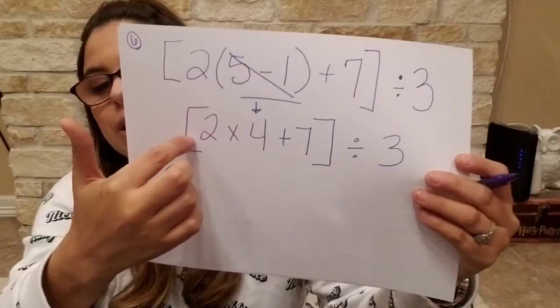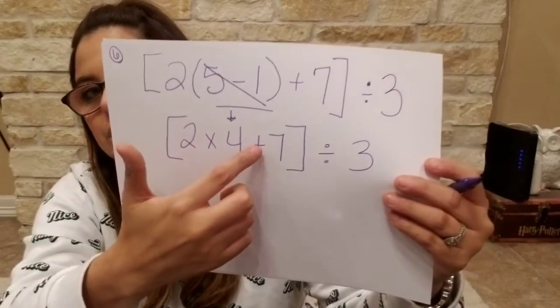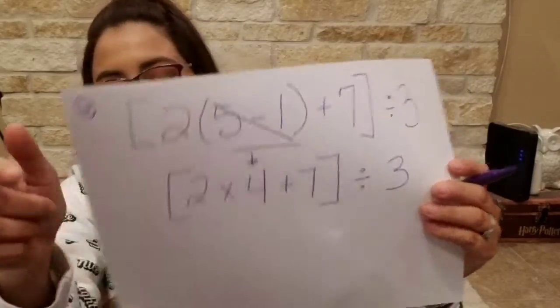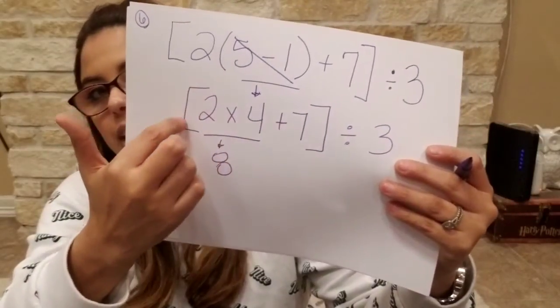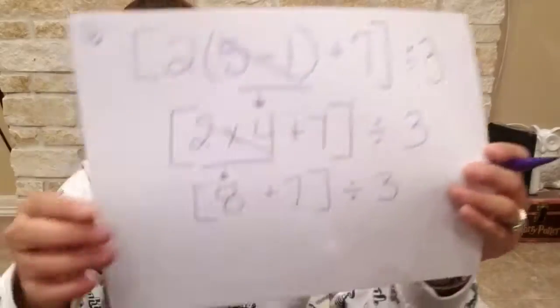Okay. Now, again, I still have brackets. What's inside my brackets? Multiplication and addition. So I'm going to do the 2 times the 4 first. That should give you 8. But inside there, I still have my 7. So again, I still have my brackets. 8 plus 7, brackets, and then the divide by 3 on the outside.